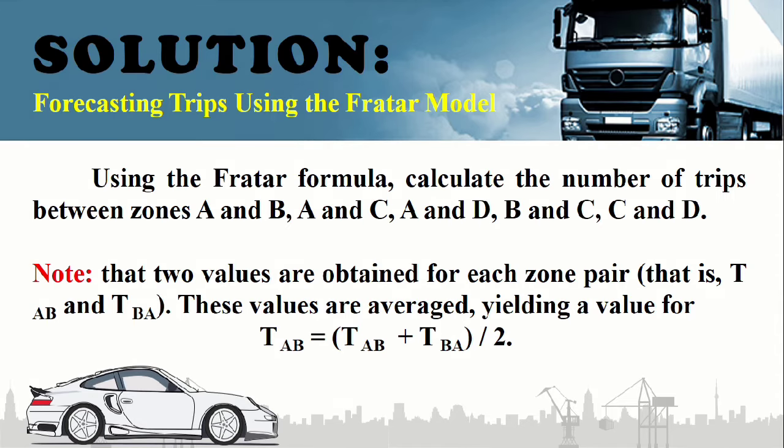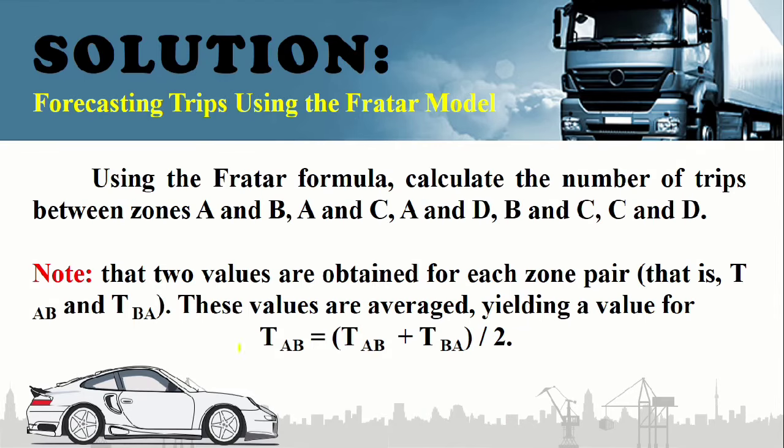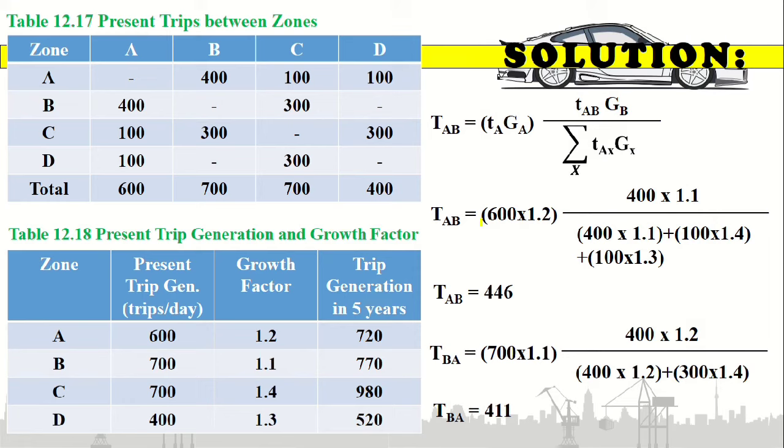So these values are averaged, yielding a value for T sub AB equal to TAB plus TBA divided by 2. So, gamit yung Fratar formula at yung average formula na ito, makokompute na natin yung number of trips from zone A to B or zone B to A.